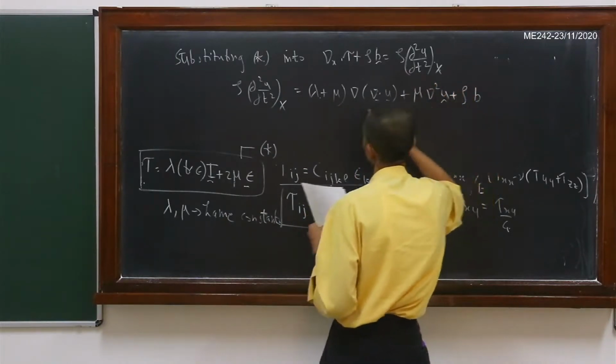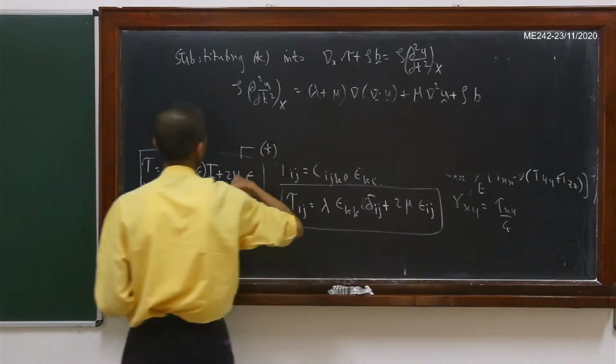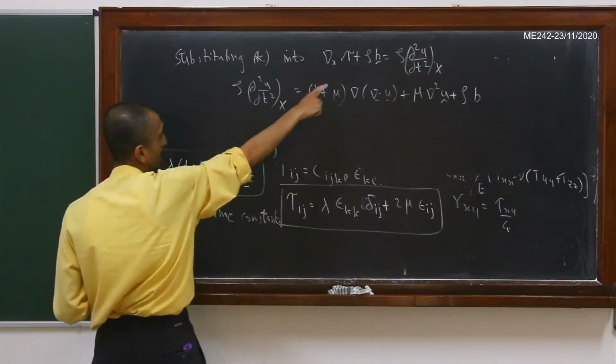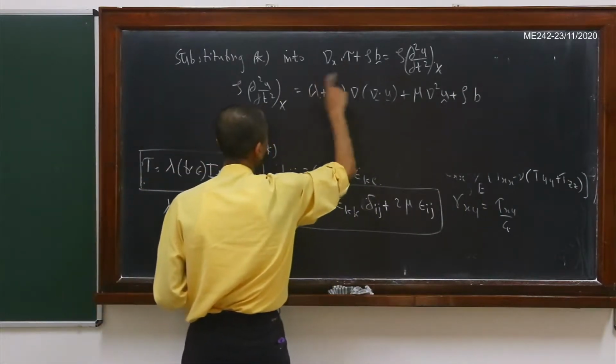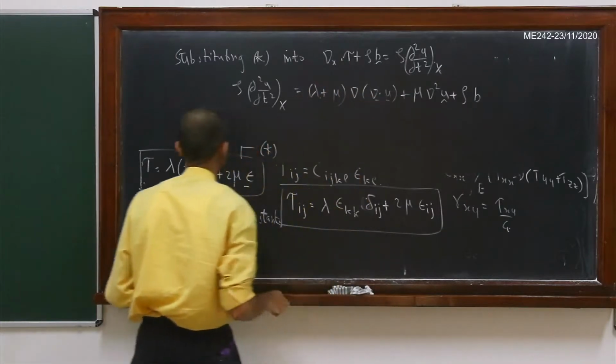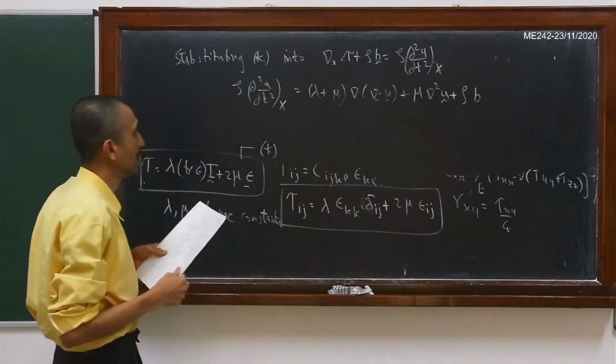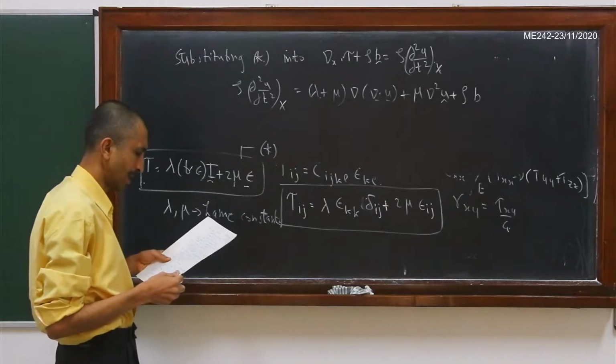Okay, so if you substitute this into this equation del dot tau and then carry out some manipulation, then these are the equations that you will get.